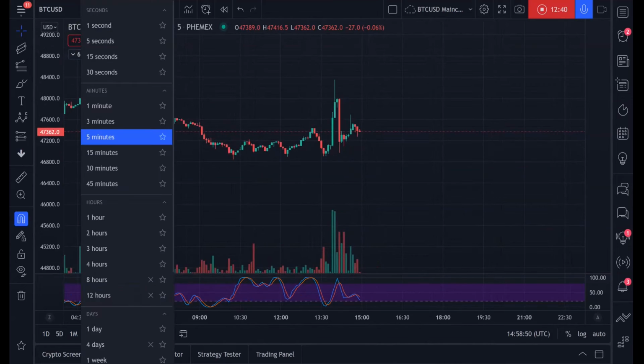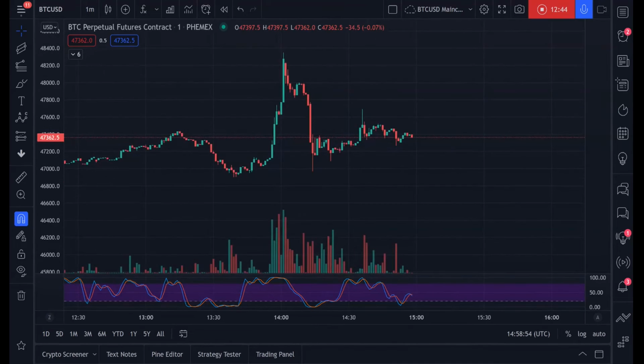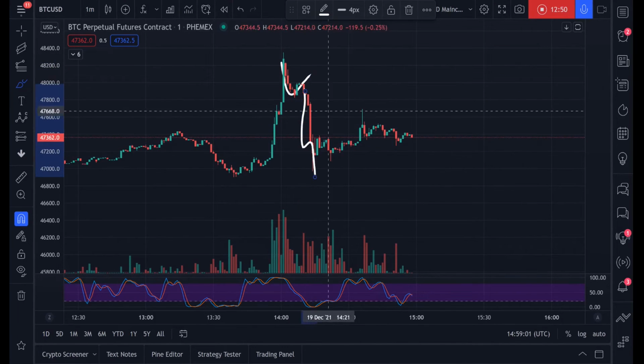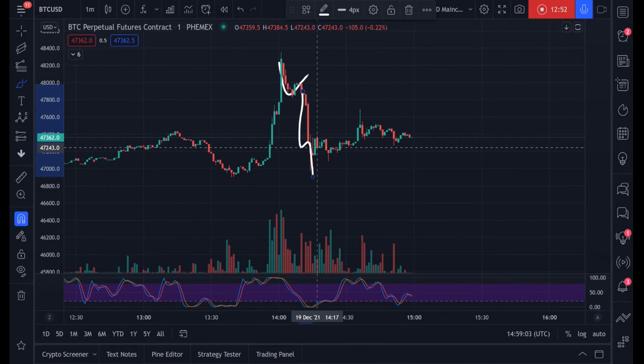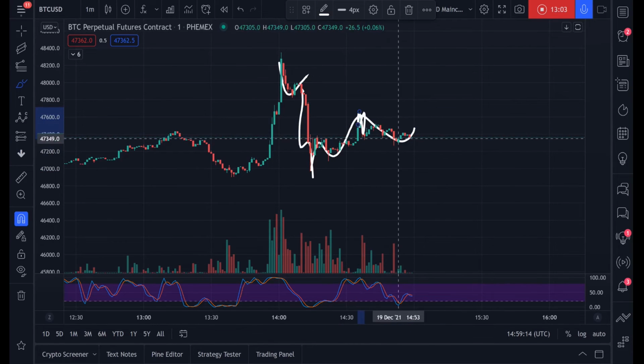Here, let's go to an even smaller time frame. Let's go on the minute time frame. You can see your impulse here. Do you see that? You get 1, 2, 3, 4, 5. 5 waves down. Now you have what seems to be a complex correction 2 wave. Okay, and this 2 wave, actually this 2 wave ends here.